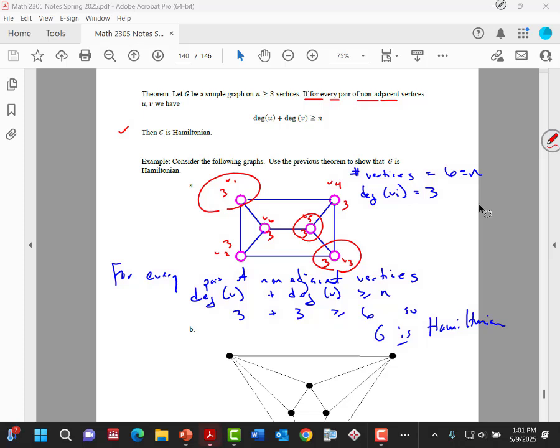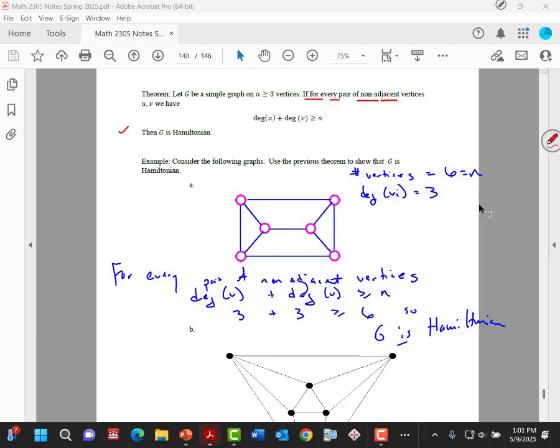The idea is for every pair of non-adjacent vertices, the degree of u plus the degree of v is bigger than or equal to n, in this case 6. So this graph is Hamiltonian, and I could find a Hamiltonian cycle in it without much difficulty.